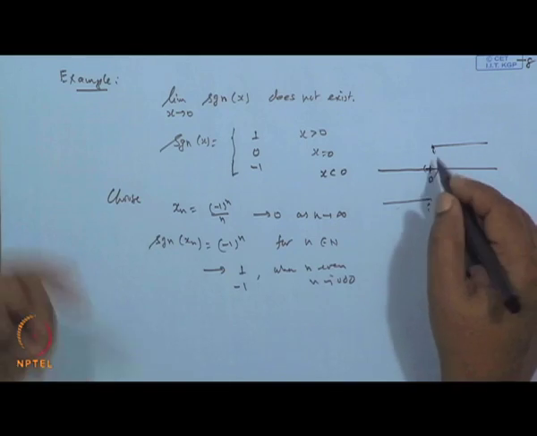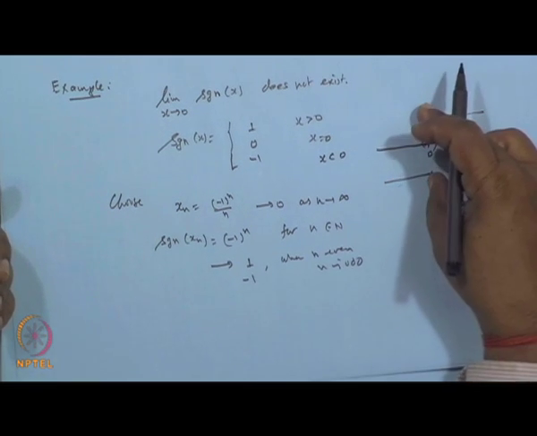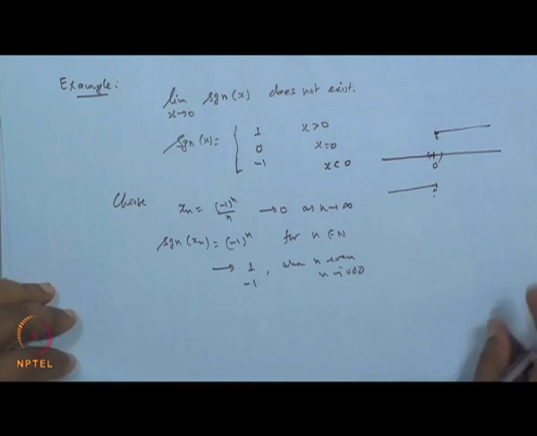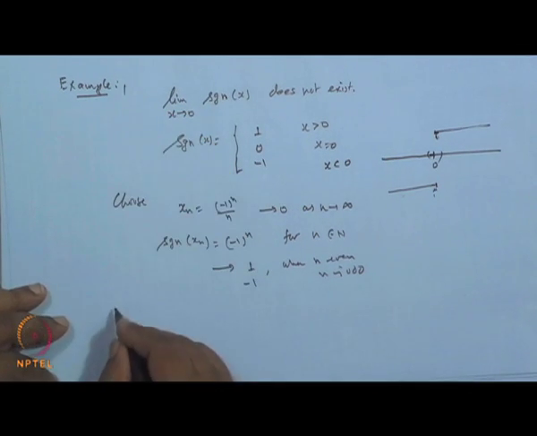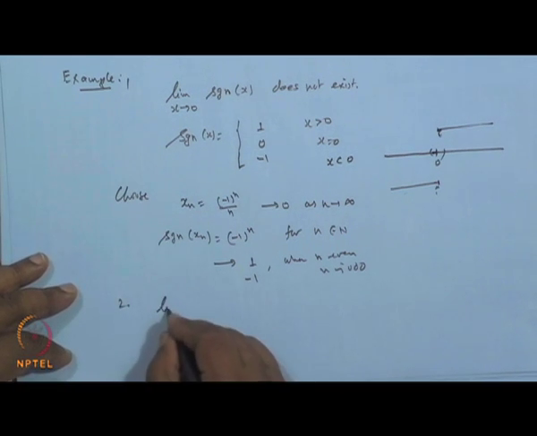I choose epsilon to be half. How can the variation be less than half, when the variation from -1 to +1 is exactly 2?